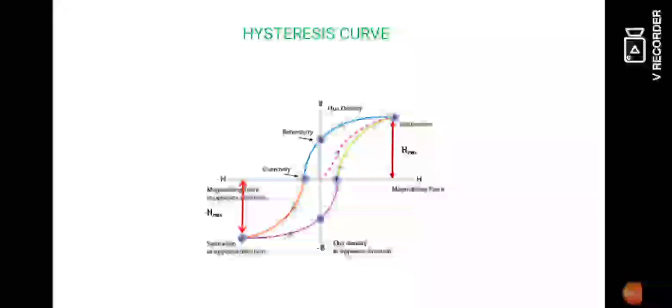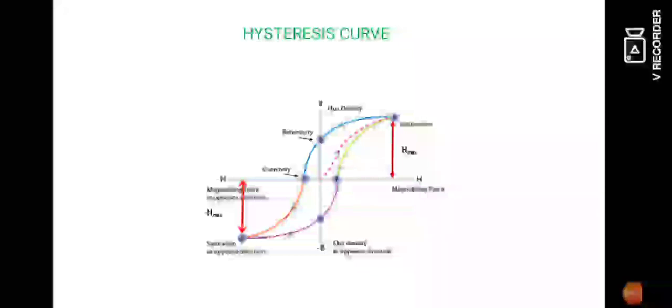Further increasing the magnetizing field along the positive x-axis, the B value gradually decreases and reaches 0 at the point F. Further increasing the magnetizing field value, B also increases and reaches the point A. So this cycle of magnetization is called a hysteresis curve.